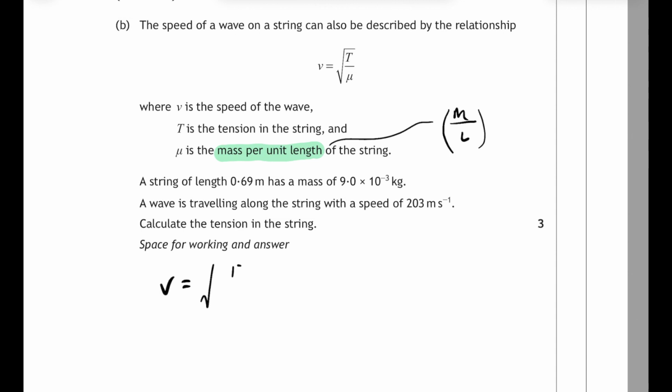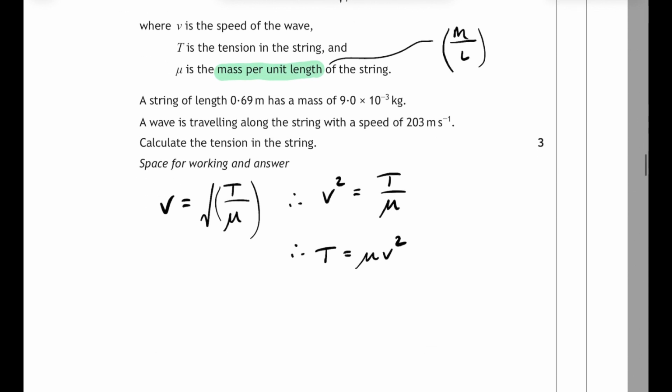So let's write that relationship down again, and then we're going to square both sides to get rid of the square root. So V squared equals T over mu, and rearrange it for T, so T equals mu V squared. And remember, mu is the mass per unit length, so we can substitute in m over L for mu. So T equals m over L times V squared.